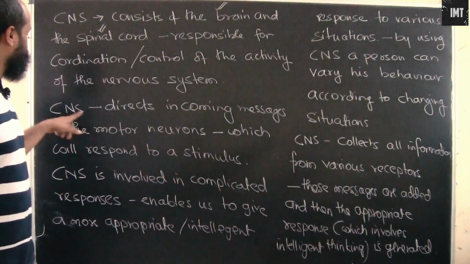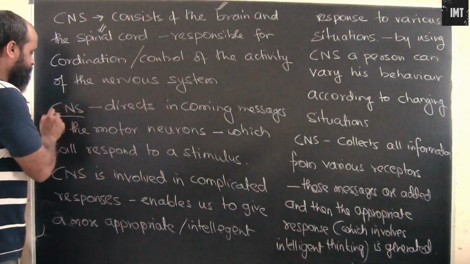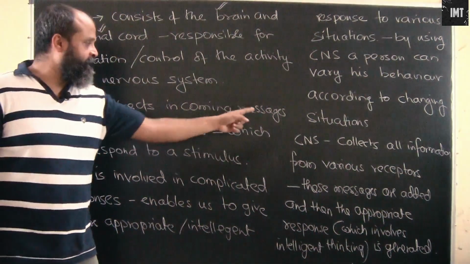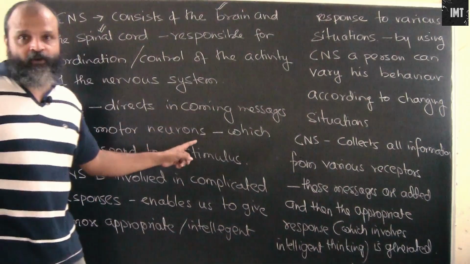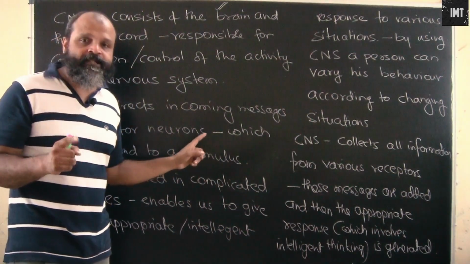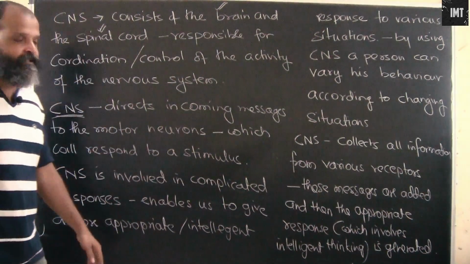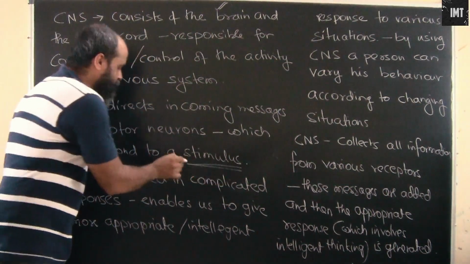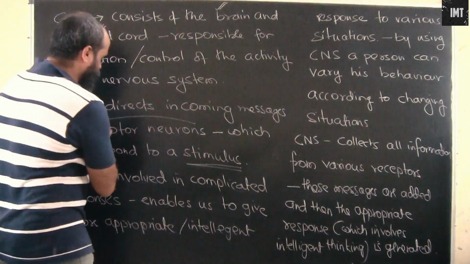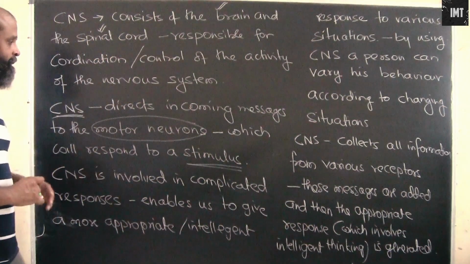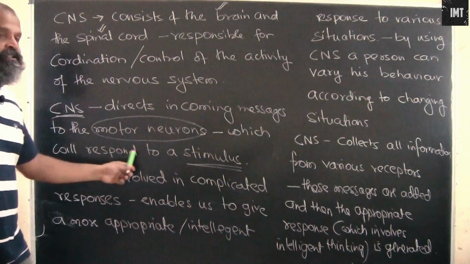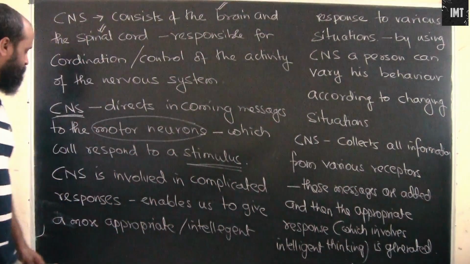The CNS, the central nervous system, directs the incoming messages to the motor neurons, which will respond to a stimulus. Motor neurons, we all know what they are: they are the muscle cells which will respond to a particular stimulus.